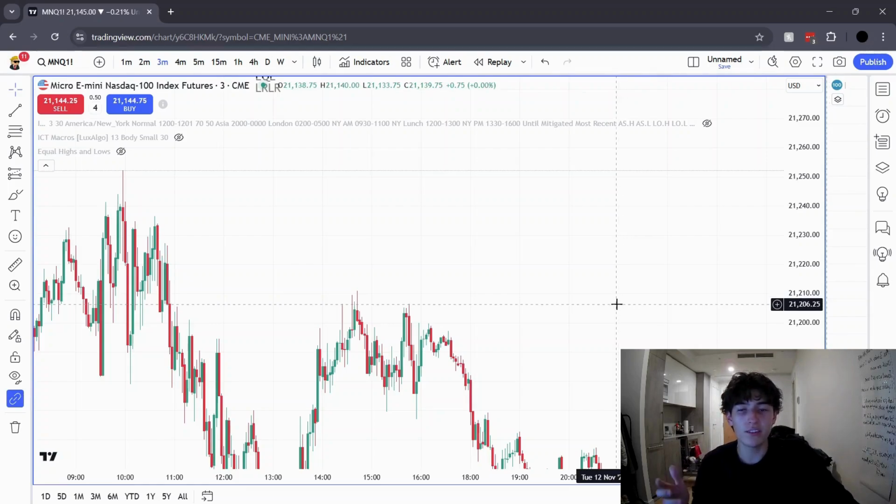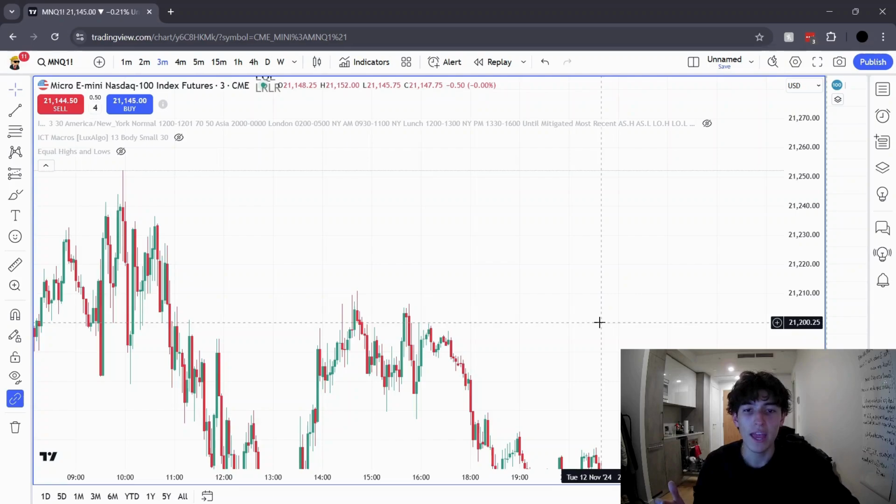So even if I see my strategy play out and it's a valid entry, the fact that there's equal lows below makes it invalid, because it makes it more low probability, because the odds are that the market is going to go down and sweep that liquidity.